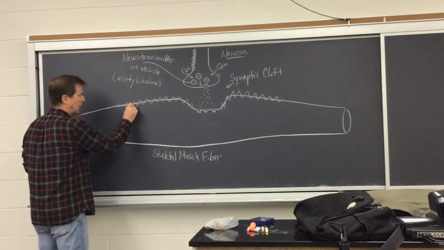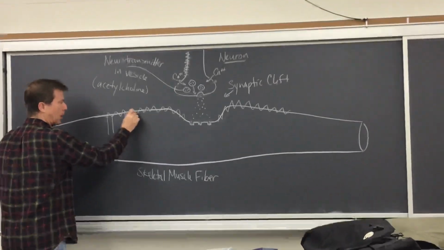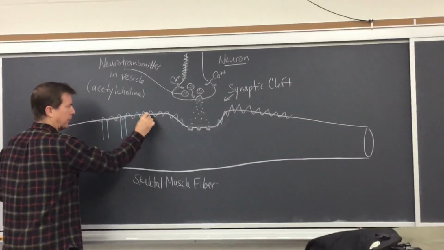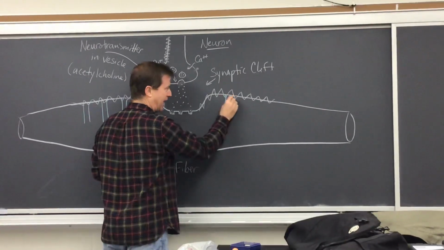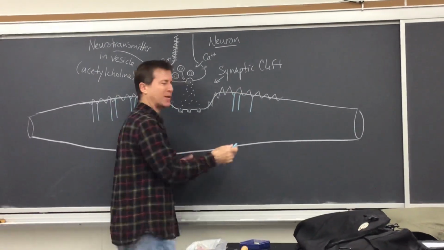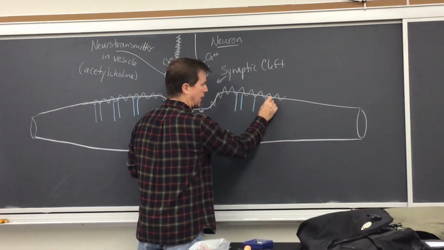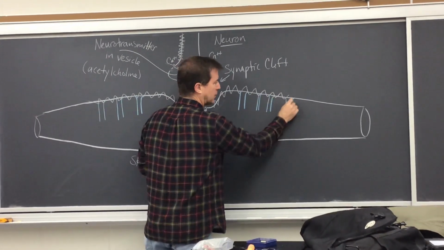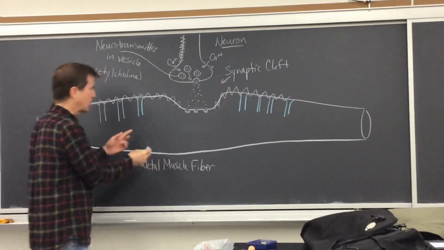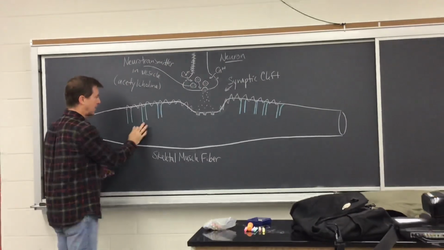So these blue structures that I'm drawing here are called T-tubules. They get their name because they look like T-shaped structures, but they literally guide an electrical impulse along the edge of the muscle fiber cell inward to the inside.